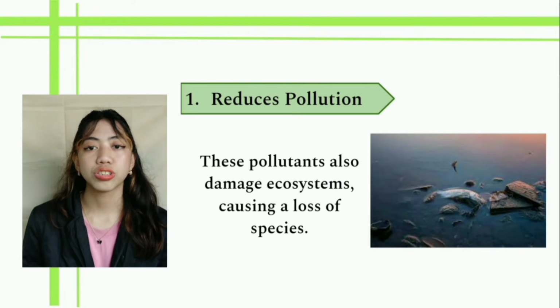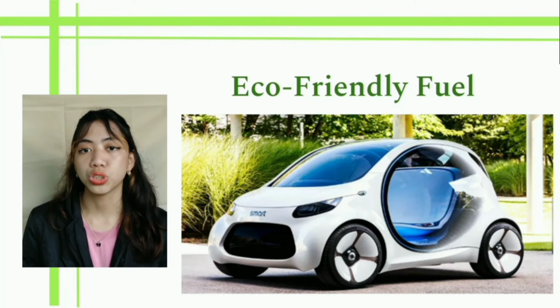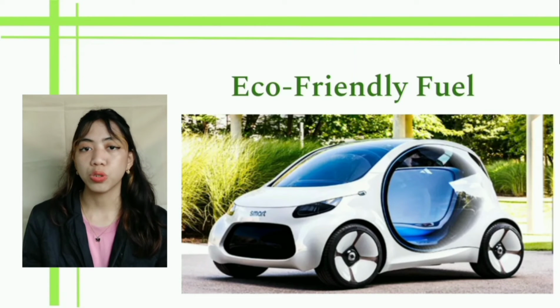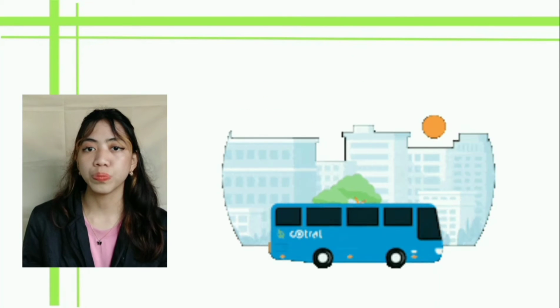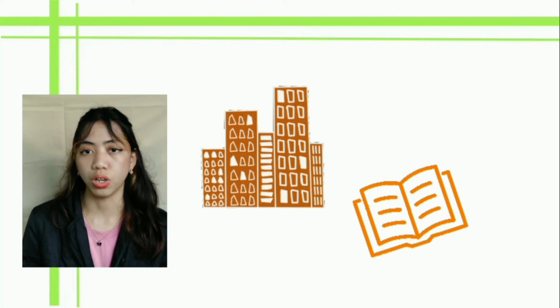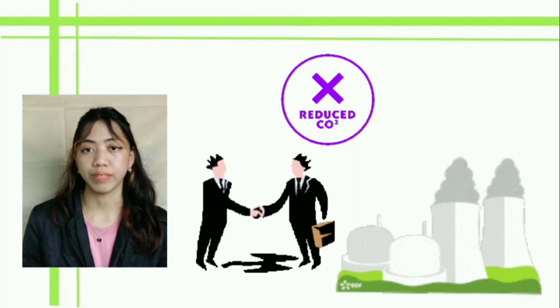These pollutants also damage ecosystems, causing a loss of species. Environmental planning cuts down on pollution by switching to eco-friendly fuels. This can be made possible. One way to cut down on pollution is to stop buying cars that run on gas. Large cities should make public transportation better so that more people can get to work and school. Also, businesses are encouraged to use less carbon dioxide.